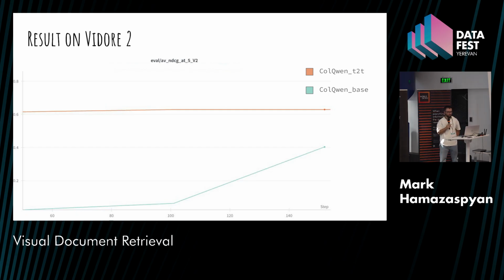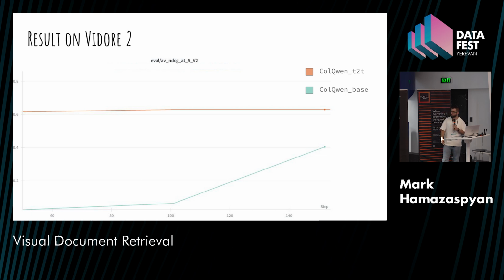However, the text-to-text model, which is a text retrieval model, already with even 50 steps of training with 23K data has scored above 60%, which is very close to the top of the Vidore.